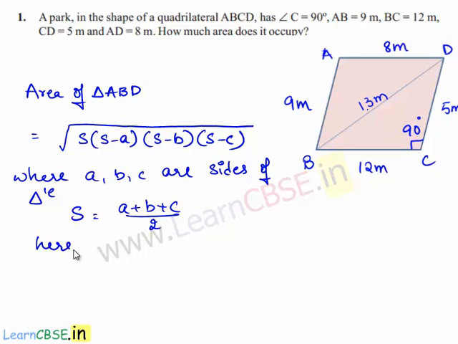Here in triangle ABD, let A is equal to 9 meters, B is equal to 13 meters and C is equal to 8 meters.